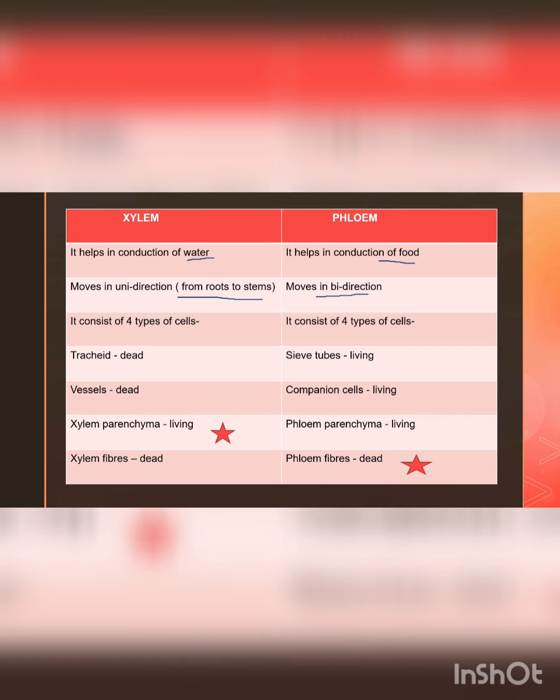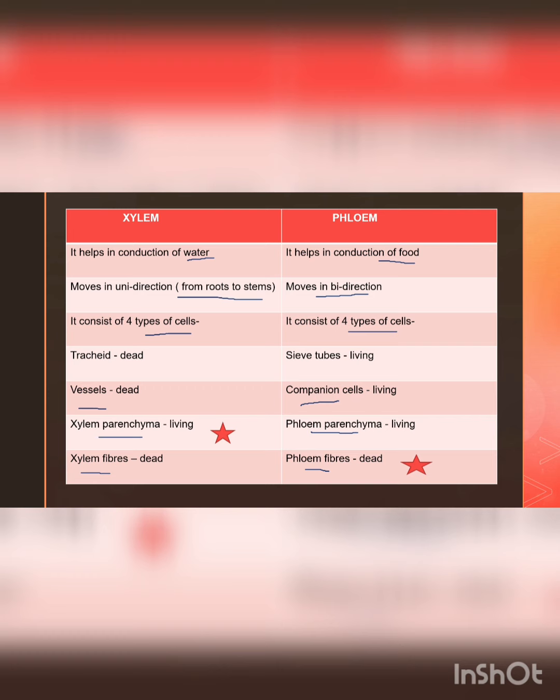Xylem consists of four different types of cells: tracheids, vessels, xylem parenchyma and xylem fibers. The important thing why I put a star here is that in xylem only xylem parenchyma is living, and all the rest of the components are dead in nature. Phloem also consists of four different kinds of cells: sieve tubes, companion cells, phloem parenchyma and phloem fibers.